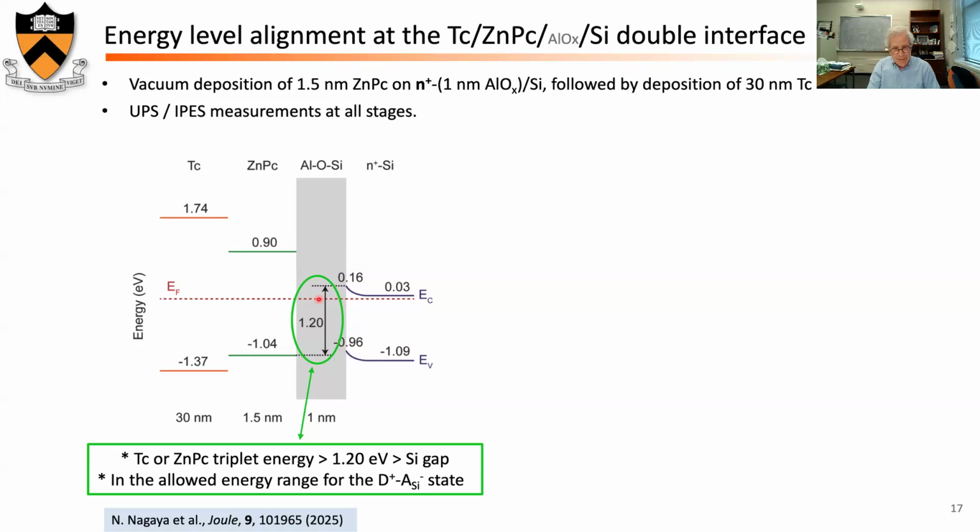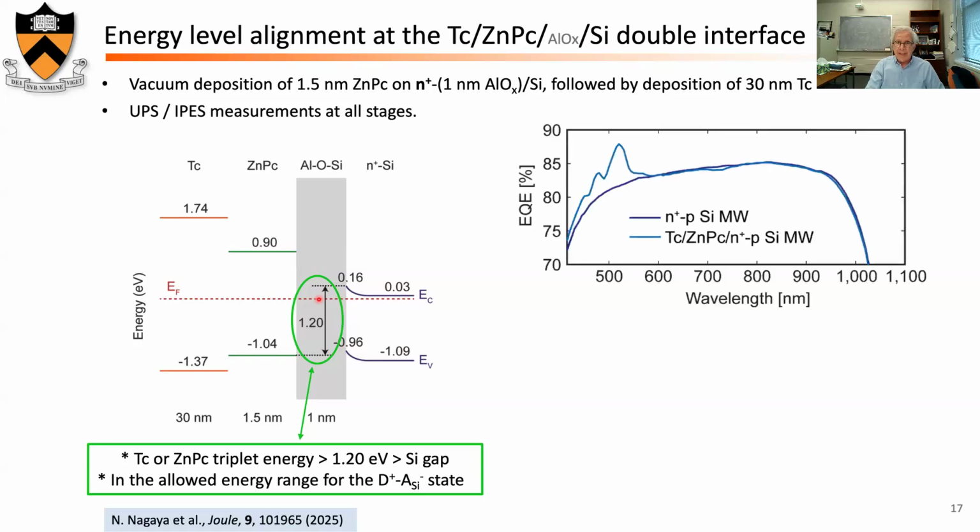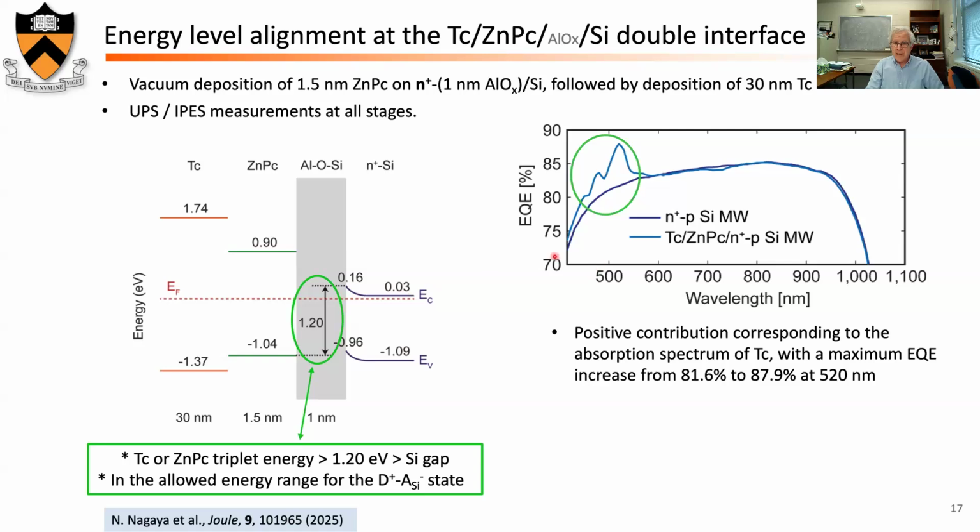So maybe that works, and it does. What you have here is the external quantum efficiency measurement for the silicon solar cell. First, the silicon solar cell without tetrazine and zinc PC, and you have it right here.